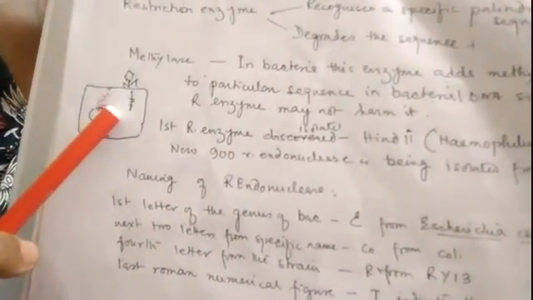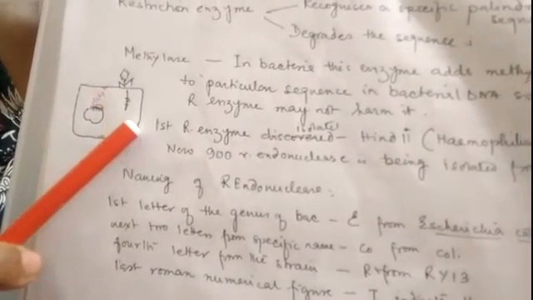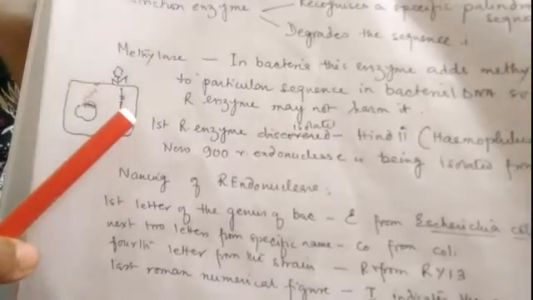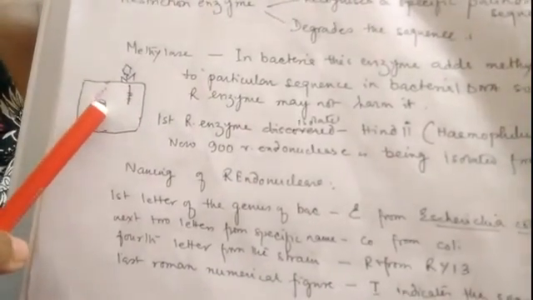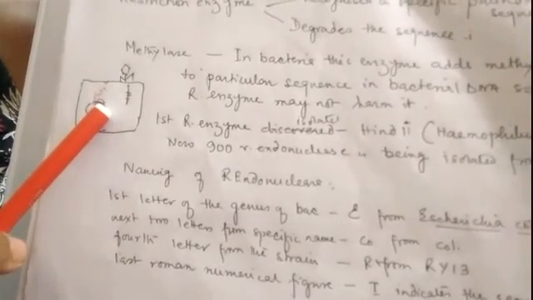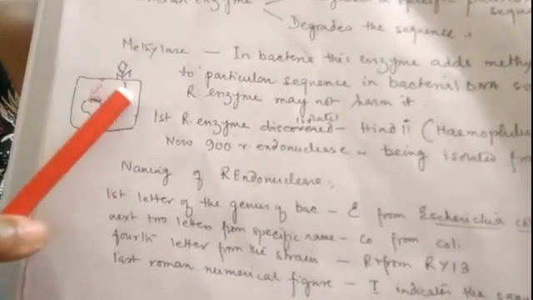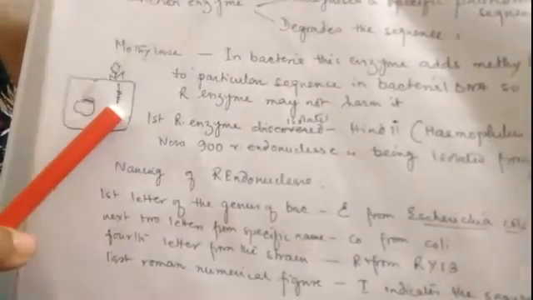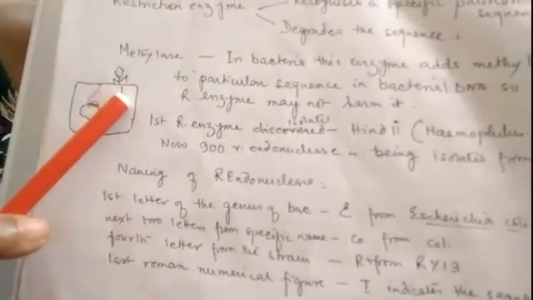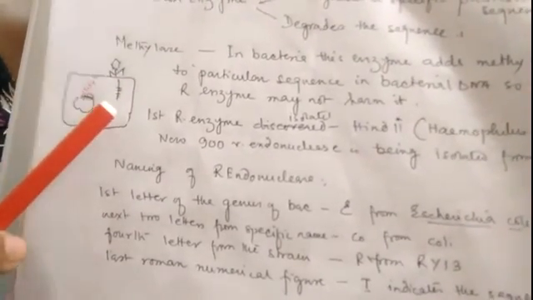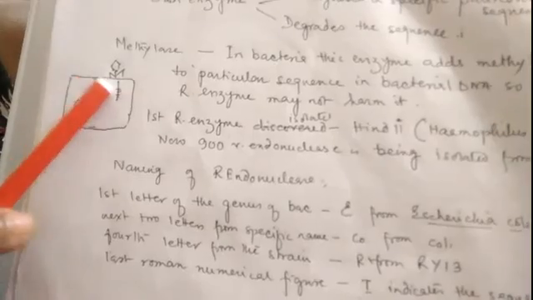Because in bacteria, when the bacteriophage attacks, it inserts its DNA into the bacteria, and this DNA gets incorporated with the bacterial DNA, and finally it directs the bacterial machinery to form the viral proteins and nucleic acids. When numerous viruses are formed, the cells get lysed, and these viruses come out.